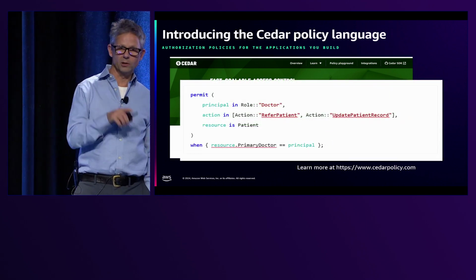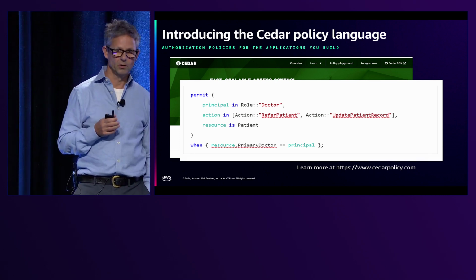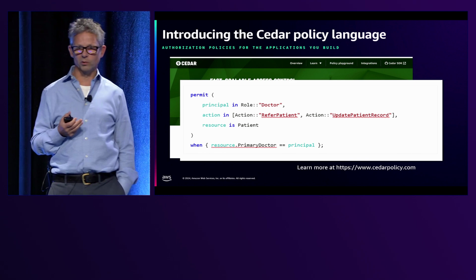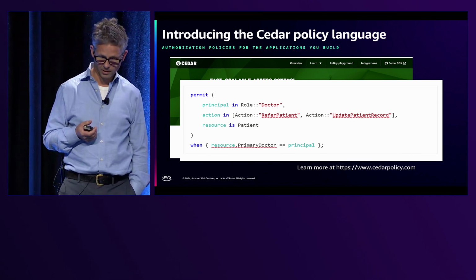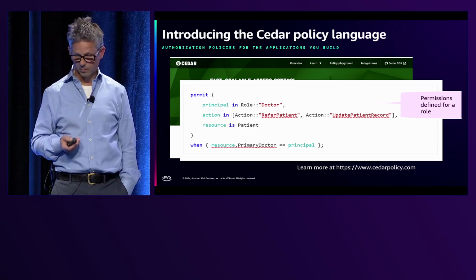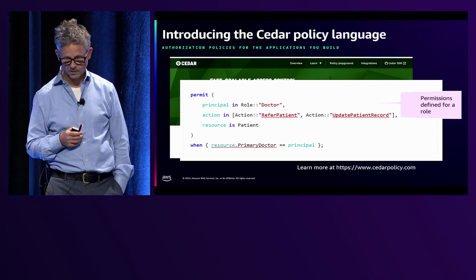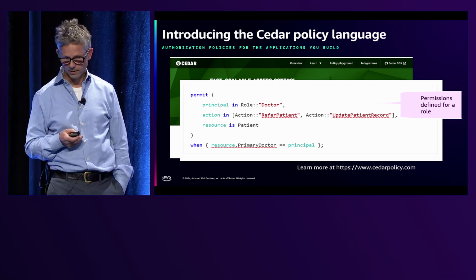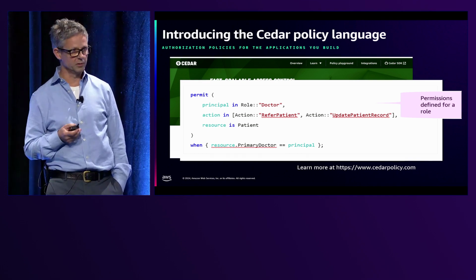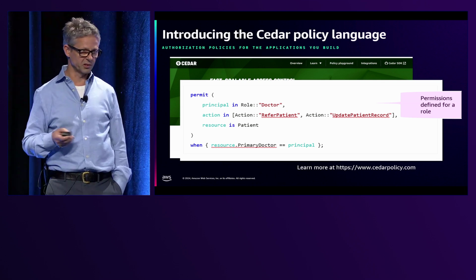What do those policies look like? Well, one of our main criteria when we designed this language was readability. We want somebody who's not a developer to be able to look at this policy and understand what's going on. So this policy hopefully is relatively simple. It acknowledges a role called doctor, and it says that a principal, aka a user, who's in that role is permitted to take a couple of actions, refer patients and update patient records on resources of type patient.